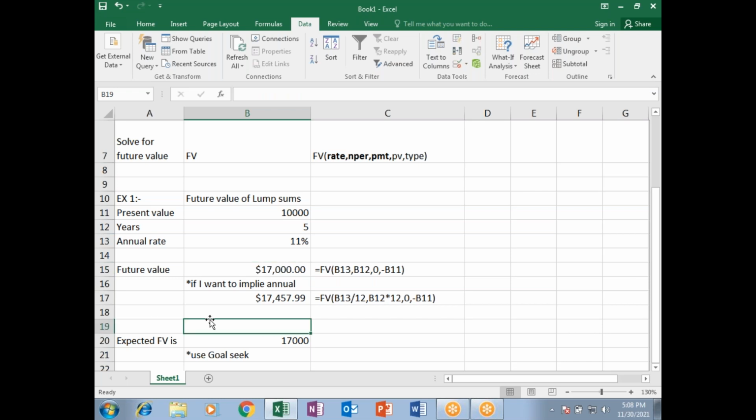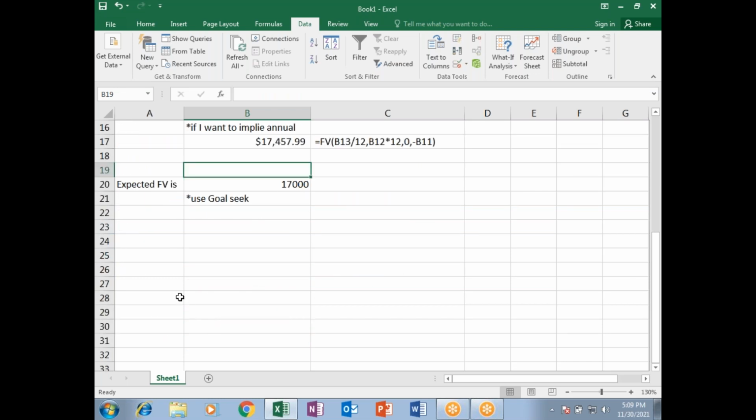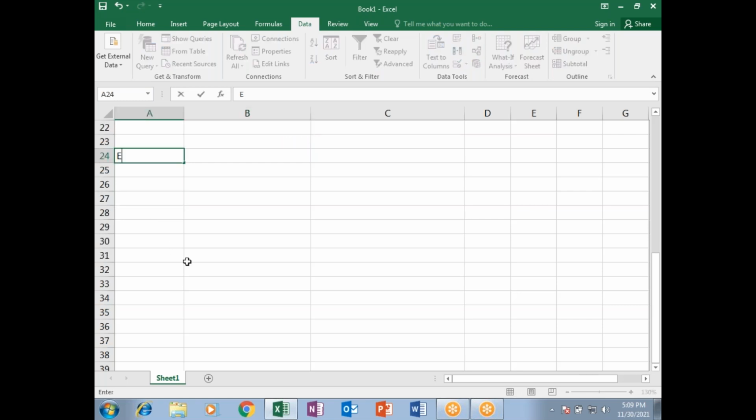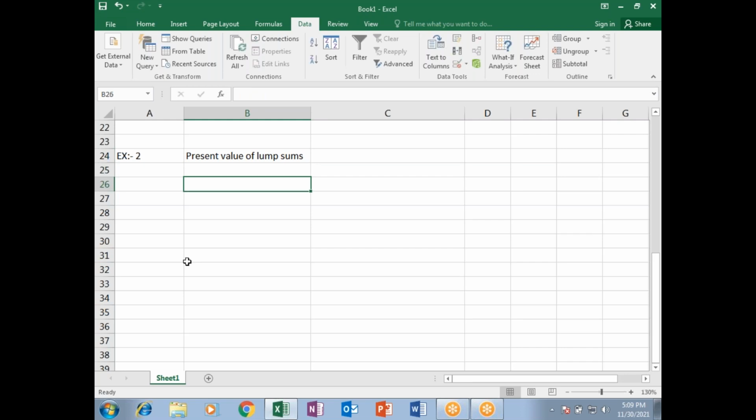So next we will be finding out the present value. Whenever you are solving with the present value, in a lump sum amount, we also solve for the future value.